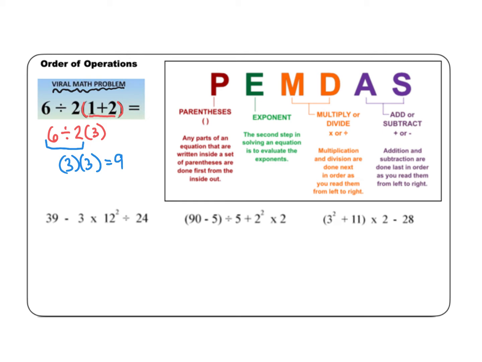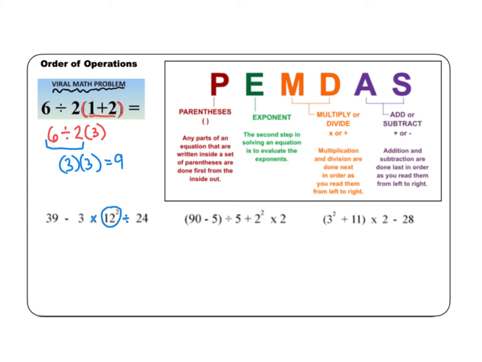So let's take a look at some more examples that we're going to knock out here. Let's take a look at this first one. By the way, this is a multiplication sign right here, and it's a little bit blurry. That's a division sign. Okay, so what we're going to do is go after this exponential one.